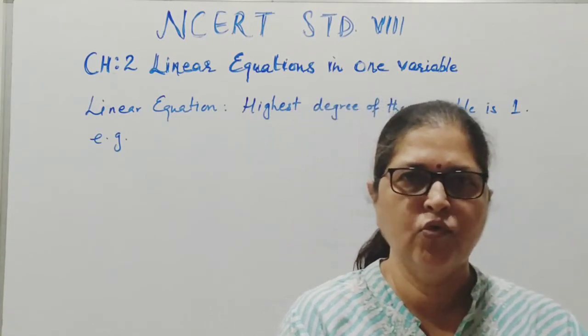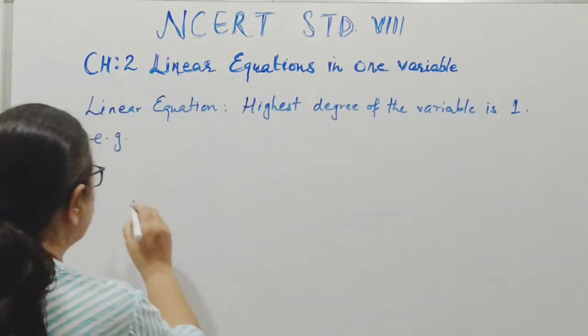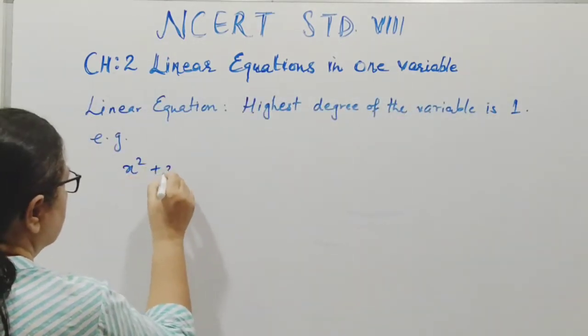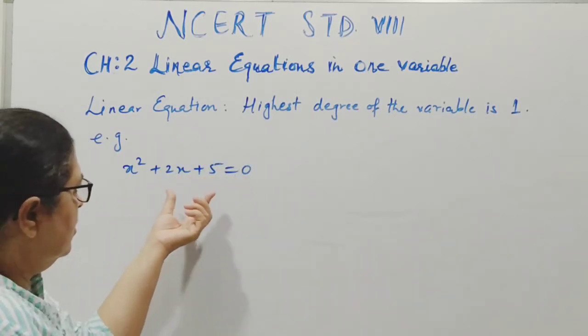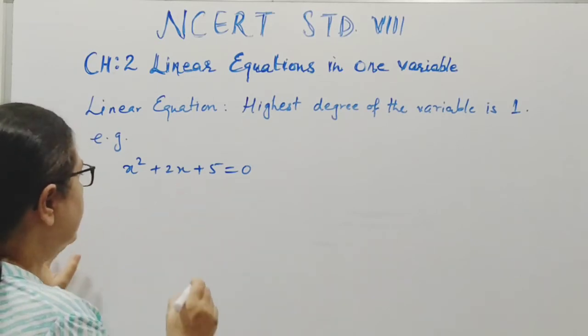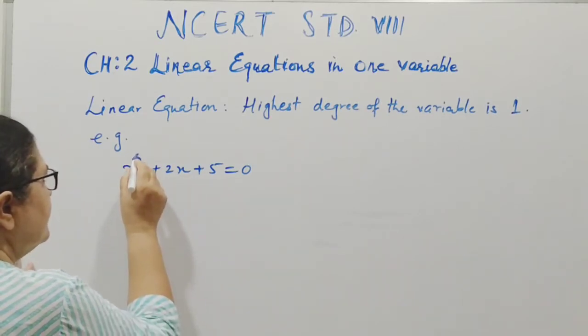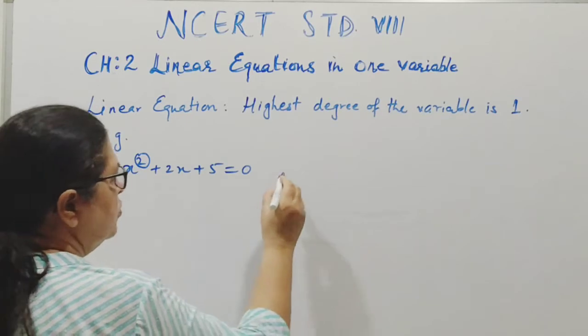Let us take a few examples. It is an equation, but it is not linear because the highest degree of the variable is 2.